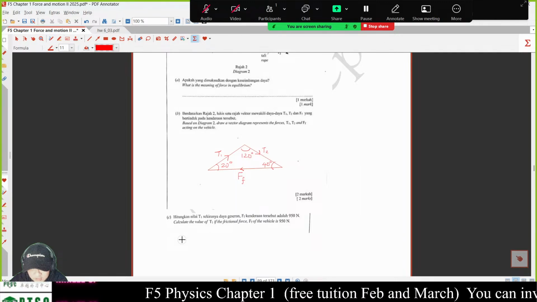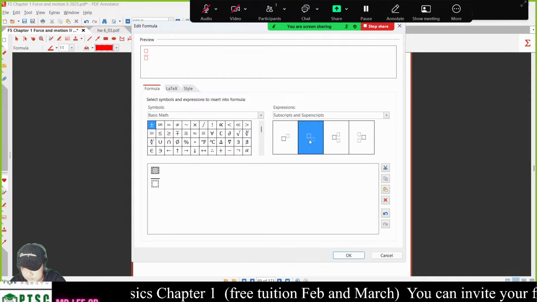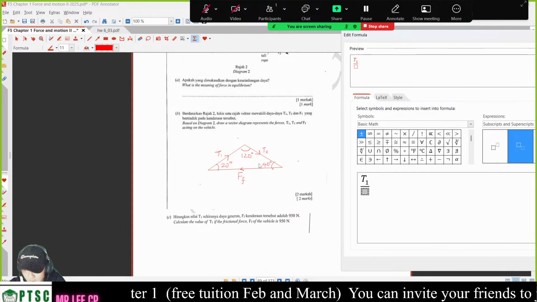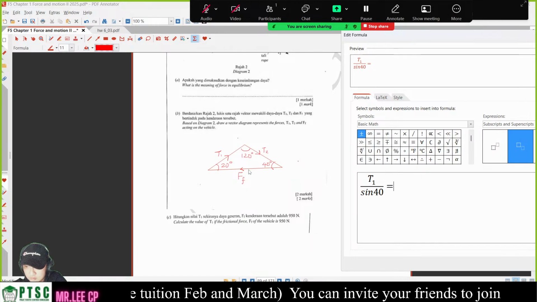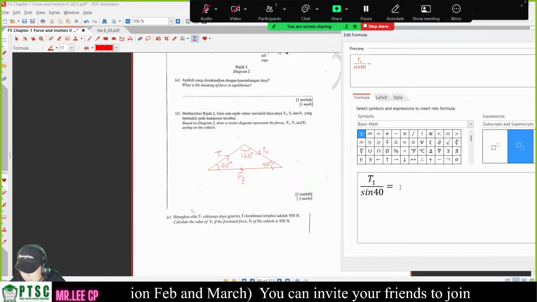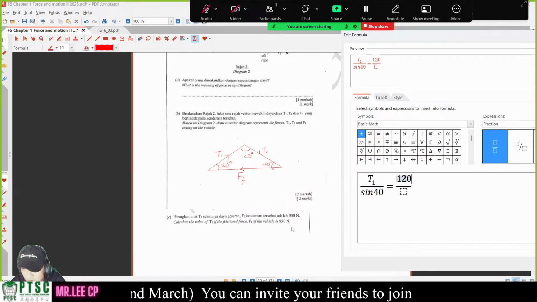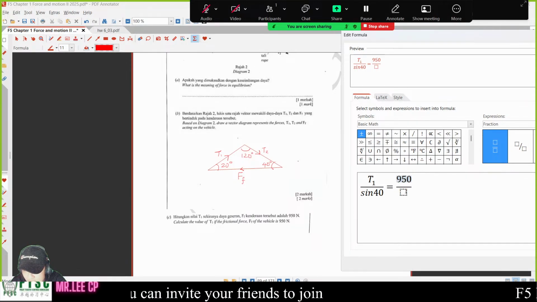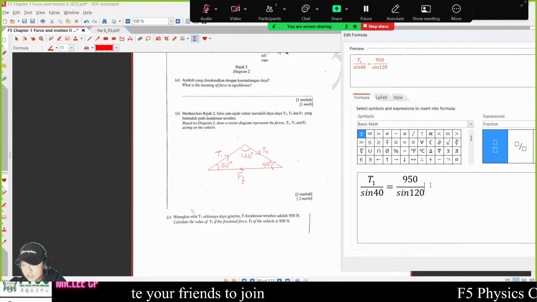Now T1 over sine 40 is equal to, this one, right? 120. Sorry, not that. 950 over sine 120. Okay, right? So you can get T1. How much is T1?